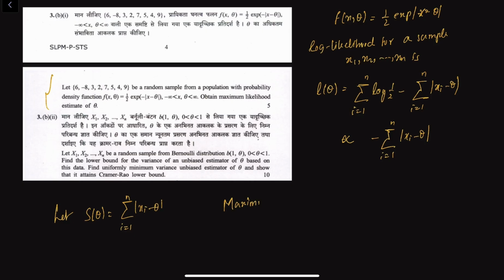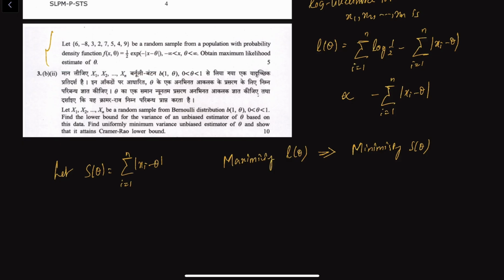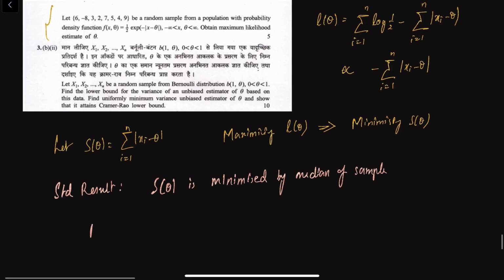Basically, maximizing the likelihood L(θ) implies minimizing this S(θ). And we already have a standard result: S(θ) is minimized by the median of the sample. So the MLE of θ is the sample median.